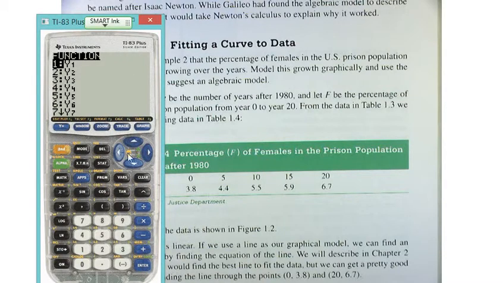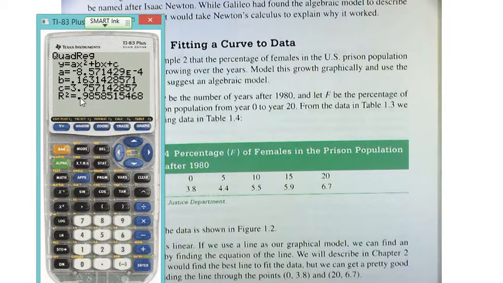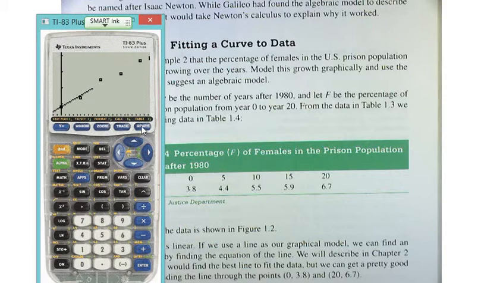Function, and I've already got one equation stored in Y1, so now I'm going to store this in Y2. Now I hit enter, and notice that my R squared value, isn't that pretty darn close to the same? The other one was 0.98, this one's 0.98. So do you think either one could be an accurate predictor? Could be, could be. So now I'm going to look at the graph. Not much of a difference, is there? Not much of a difference at all.